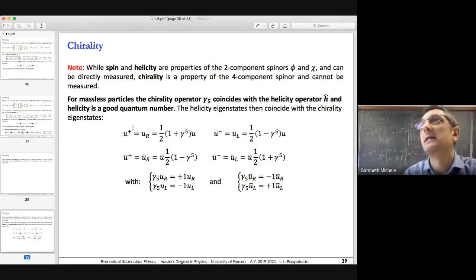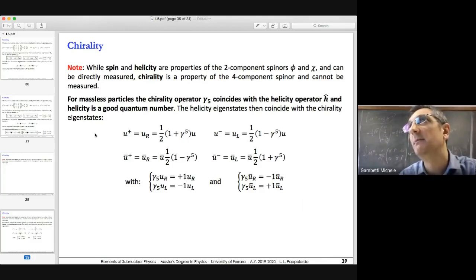Okay, so it turns out that the positive helicity eigenstate corresponds to the right-handed eigenstate or spinor, which is defined this way. The negative helicity spinor corresponds to the left-handed spinor, which is defined in terms of the left-handed operator, and then we have the opposite relation for the adjoint spinors, and these are the standard eigenvalue equations for the chiral operator.